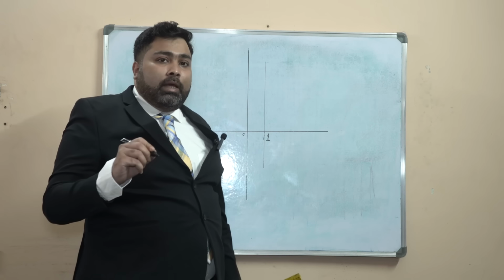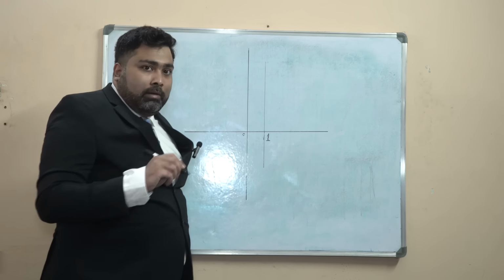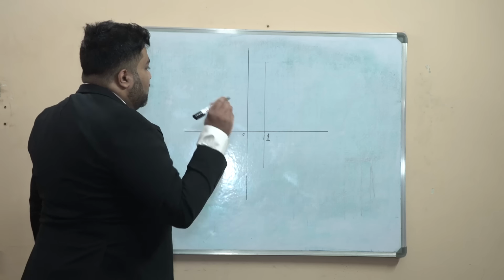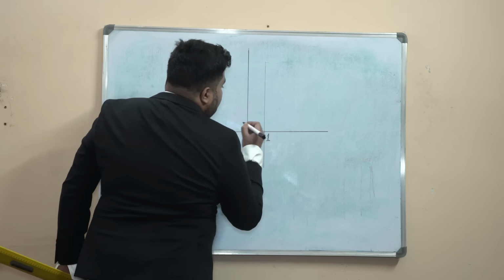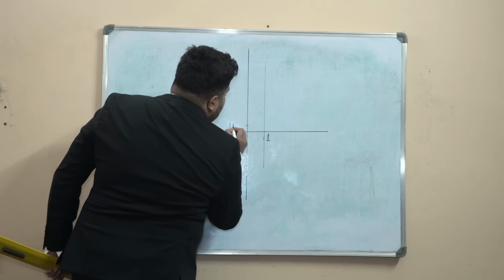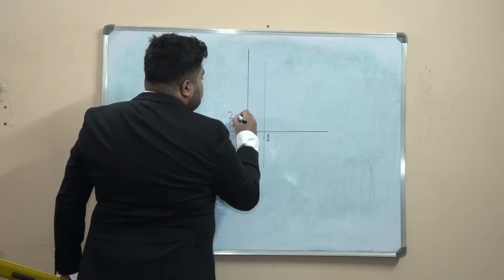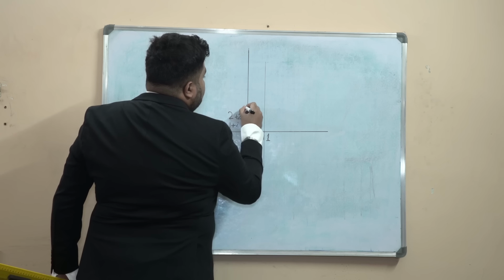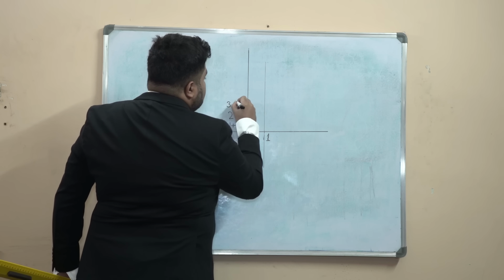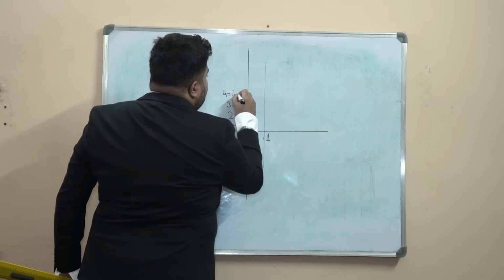So let me start by labeling the complex axis with complex numbers. The first one will be 1 plus 1i, or just 1 plus i. The second will be 2 plus 2i. Third will be 3 plus 3i. Fourth will be 4 plus 4i.